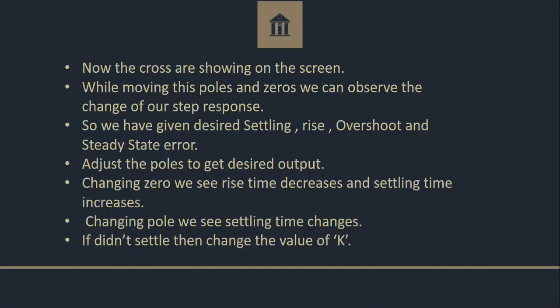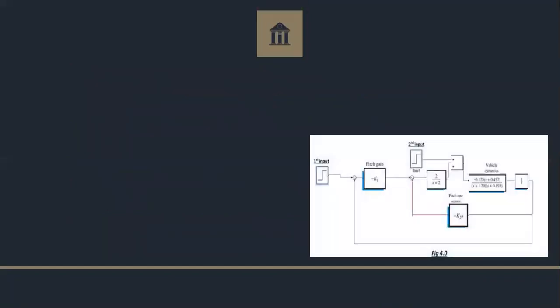If by moving poles and zeros you are not able to find your desired output, then you have to change your gain, K, in the code before you run it with the command line.